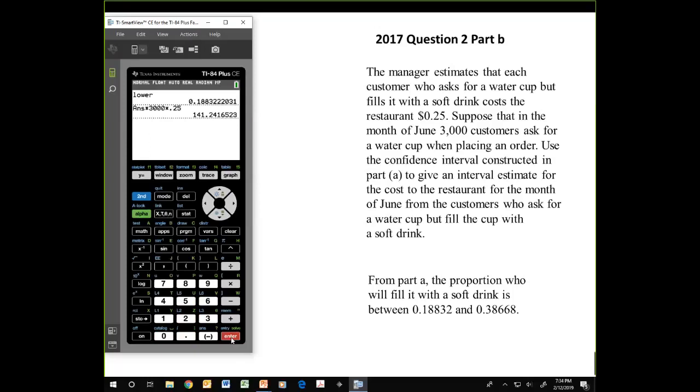To find out the upper end, you can do the same thing, variables, statistics, and then go to the test menu. Oops, I am so sorry.